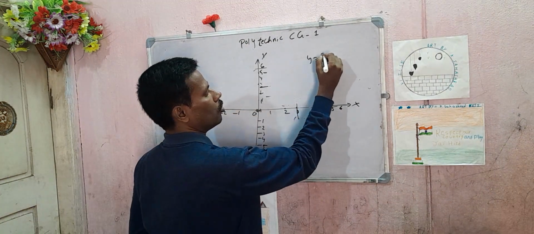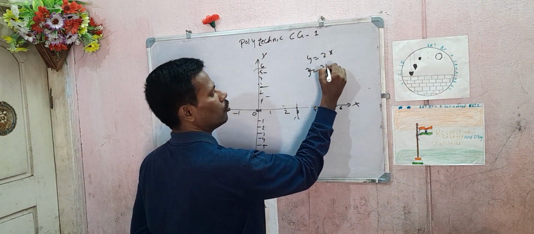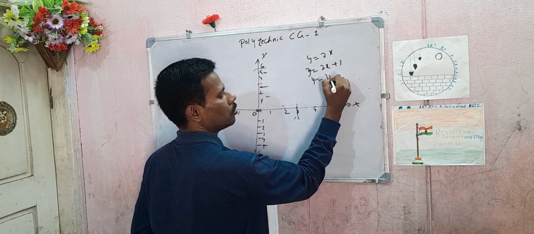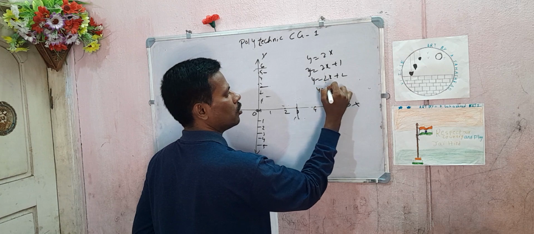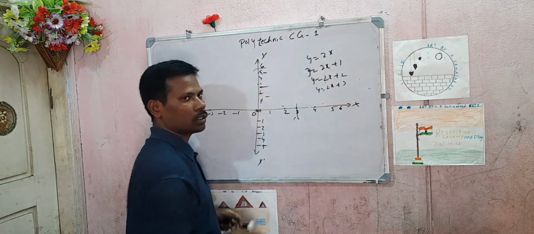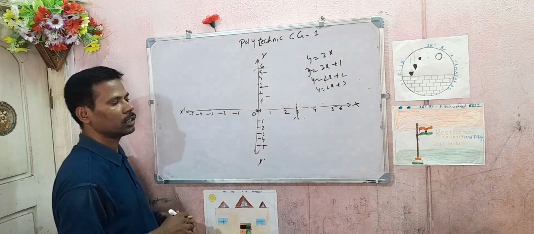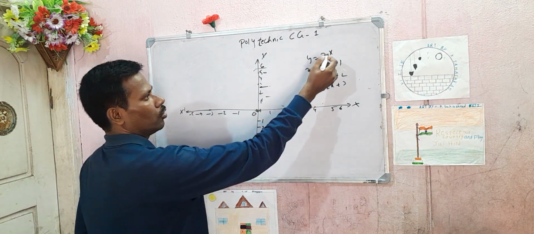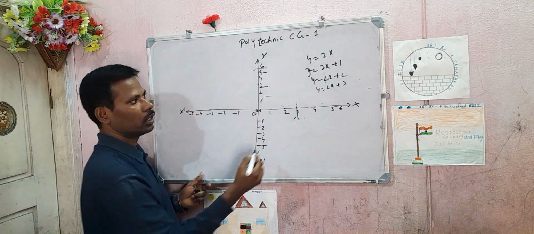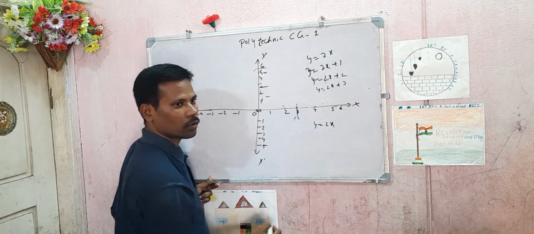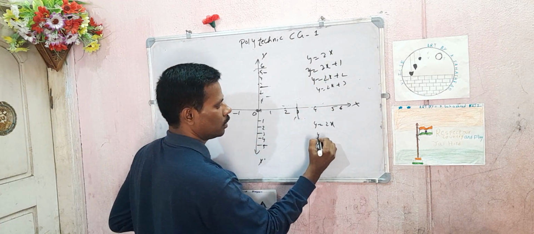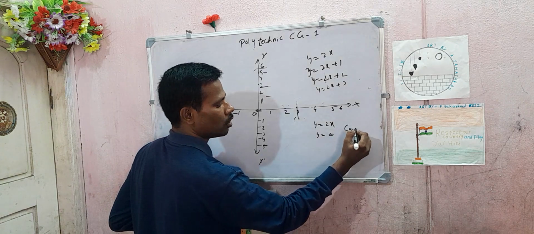Suppose y is equal to 2x, y is equal to 2x plus 1, y is equal to 2x plus 2, y is equal to 2x plus 3. Mark all these points on the graph sheet, what will you get? So put y is equal to 2x, I am taking this one. X is equal to 0 you take, so y is equal to 0, 0 comma 0.